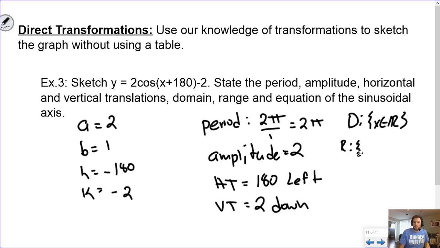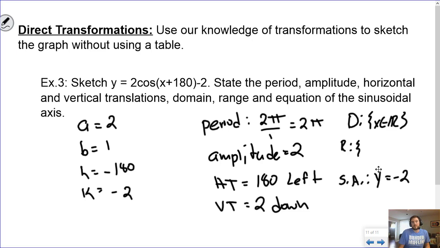So right now, before I get to my range, let's take a look at my sinusoidal axis for a second. My sinusoidal axis is what? It's y is equal to -2. So that's the middle of my graph. My amplitude is also 2.